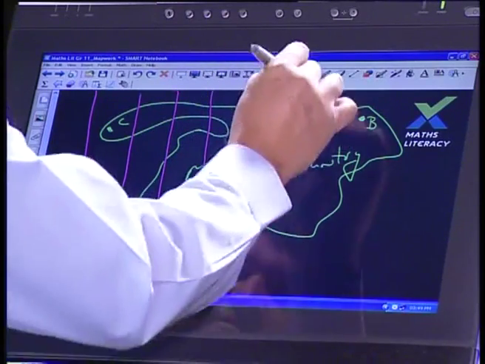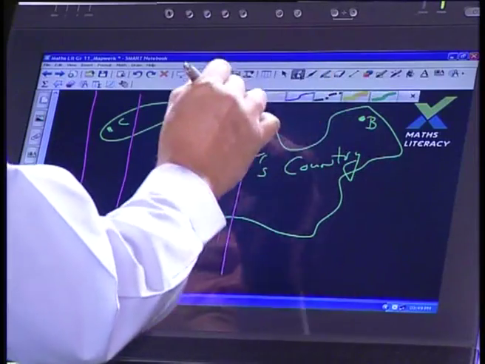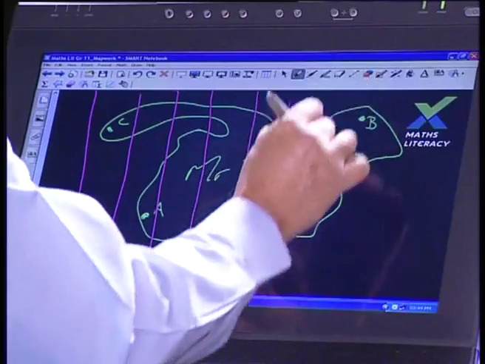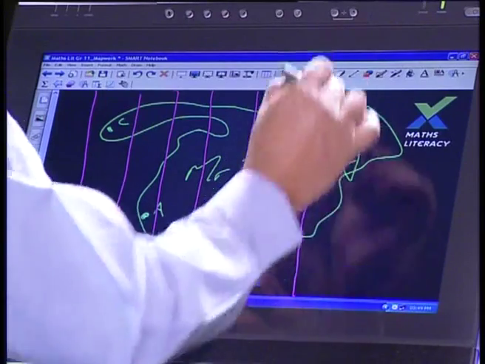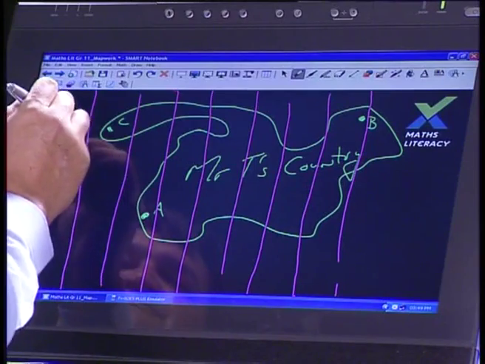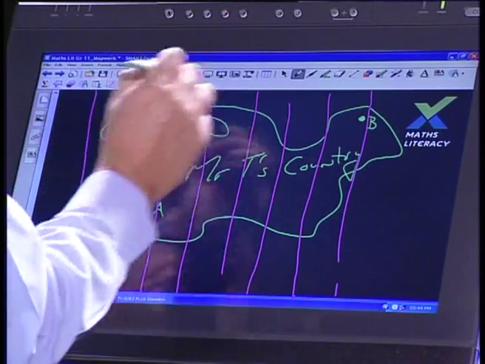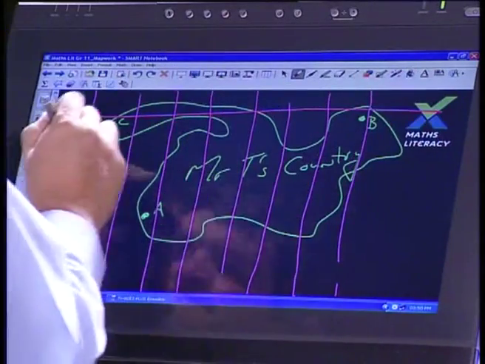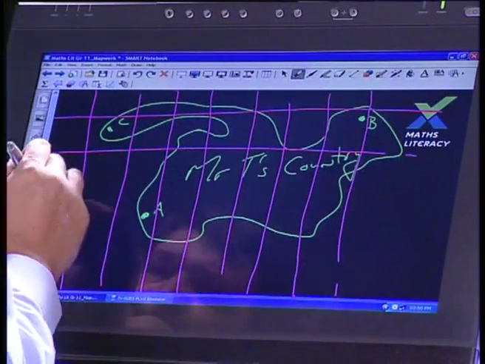Okay, there they are. Oops, run out of pink. Okay, here are my grid lines. And I'm also going to put some grid lines running across my page. There they are.